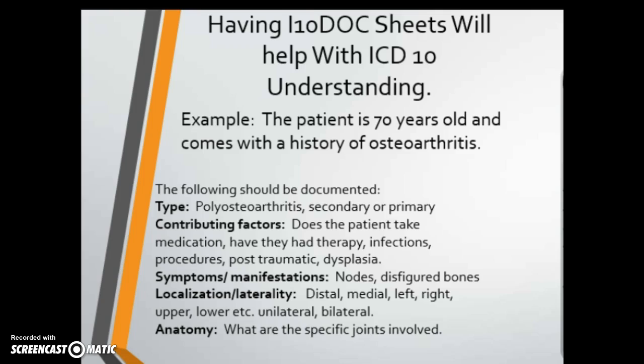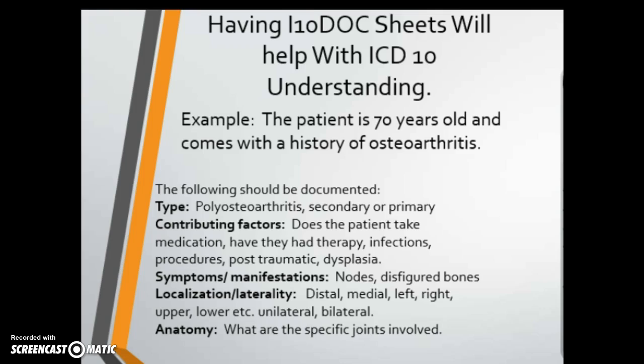Add them into your SOAP, and then you will have perfect ICD coding, such as symptoms and manifestations, nodes, disfigured bones, locality and localization: distal, medial, left, right, upper, lower, unilateral, bilateral. Give us those details, whether it's left or right, because we have in the diagnosis coding now indications for left and right, not just in the procedure code.